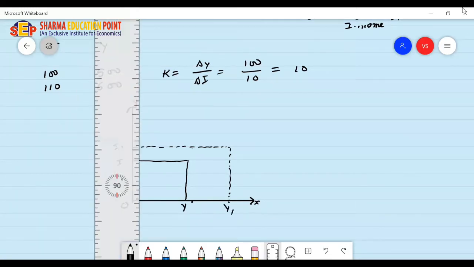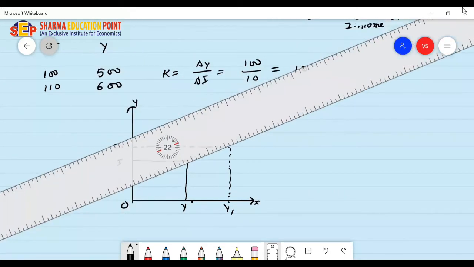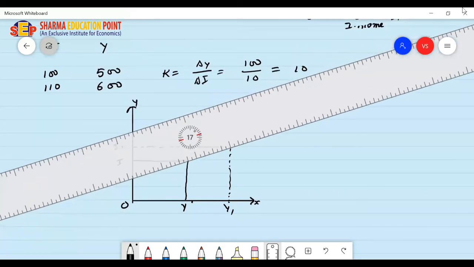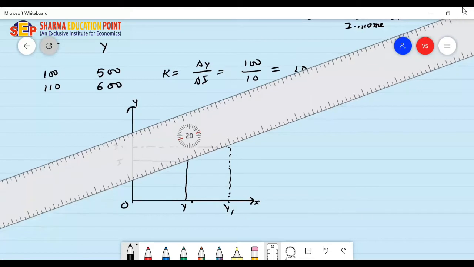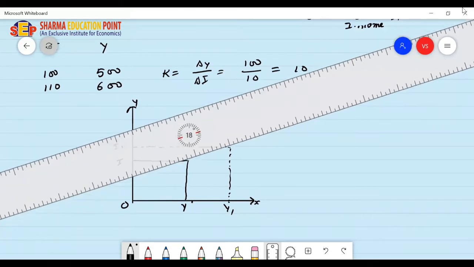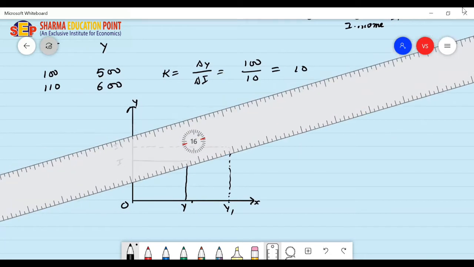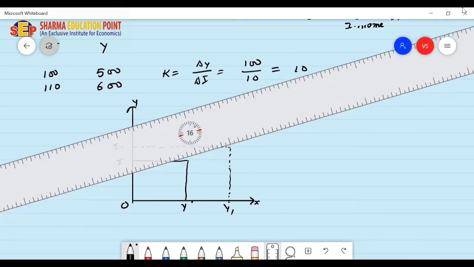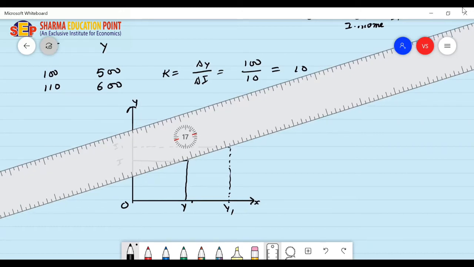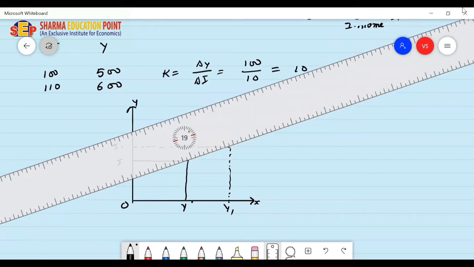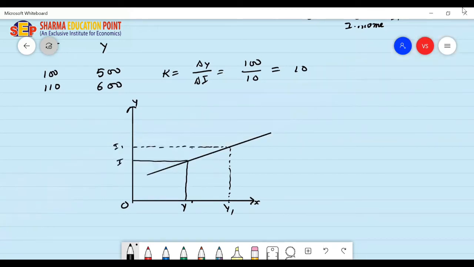Now you can join these points. This is your investment curve.